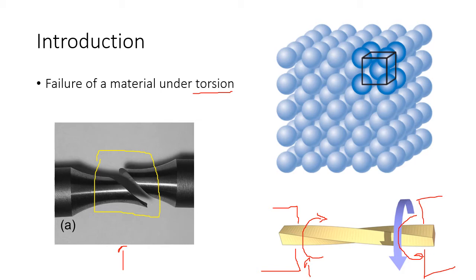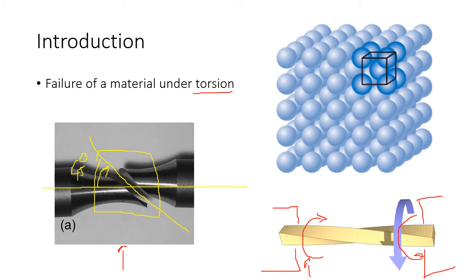If I draw a line, with this being the axis of the specimen, then this particular line will be inclined at an angle of approximately 45 degrees with the axis of that specimen. This kind of failure occurs when brittle materials are subjected to torsion.